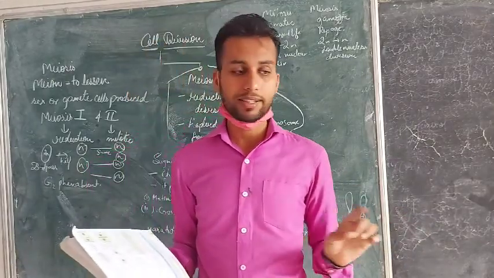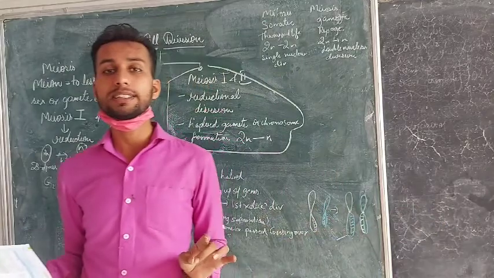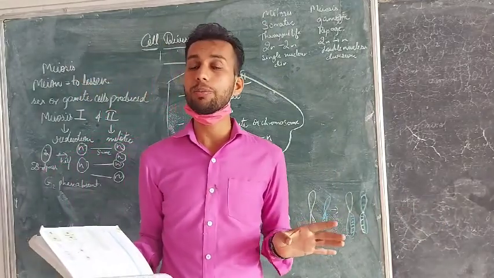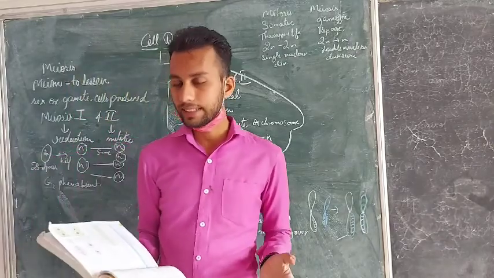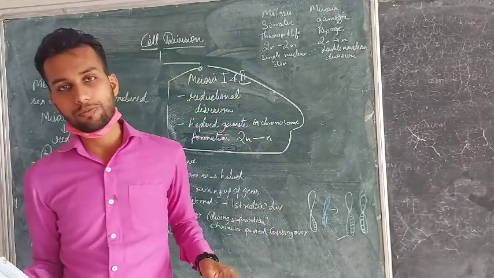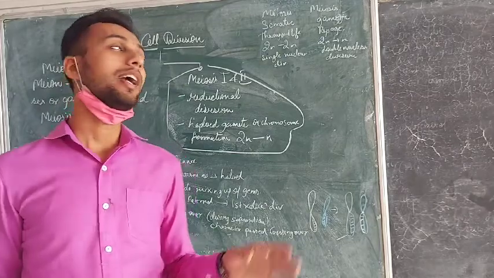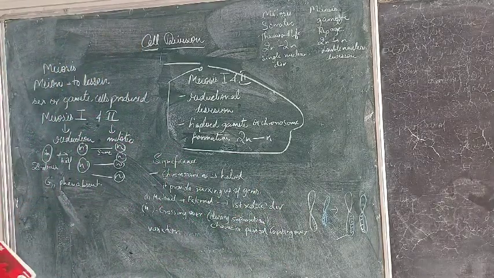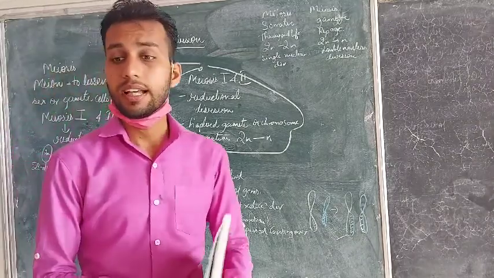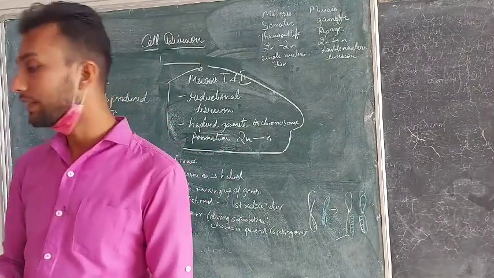In the plant cell, cell plate formation takes place, and in the animal cell, cell furrow formation takes place, due to the presence and absence of the cell wall. Then we studied all the phases of mitosis and its significance, and today we studied meiosis, its significance, the difference between mitosis and meiosis, and the difference between animal and plant cells.